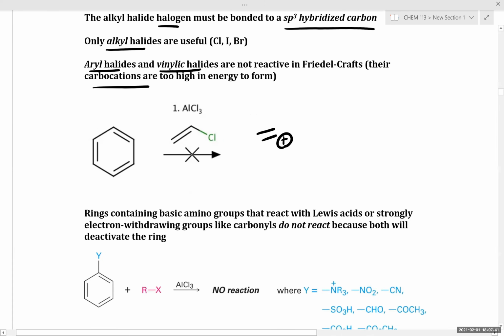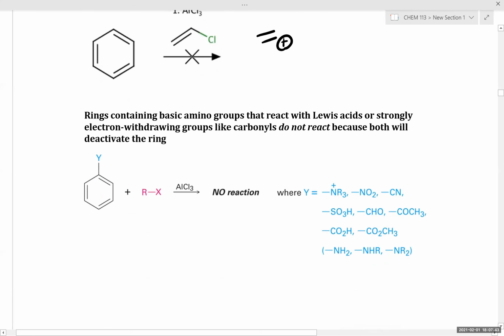The second limitation that we have is that because we are dealing with a Lewis acid, and because we are dealing with a relatively strong carbon electrophile, rings containing basic amino groups that can react with Lewis acids, or rings that contain strongly electron withdrawing groups like carbonyls, do not react because both will deactivate the ring.